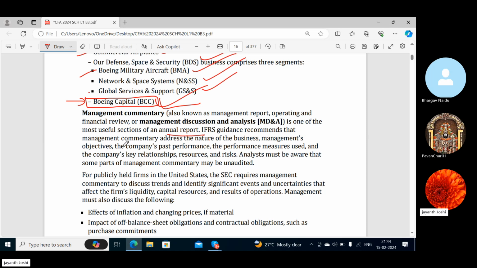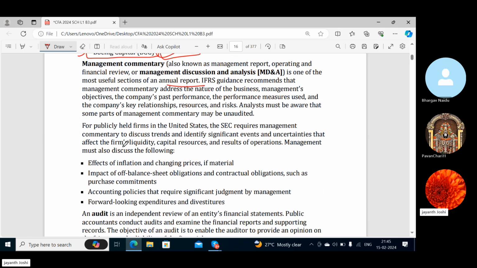So what is management commentary doing? First of all, it gives details about the nature of the business, management's objectives, what they want to achieve, how their past performance has been, what performance measures are used, and the parameters on which they have achieved performance, and the company's relationship with resources and the risks they are exposed to.